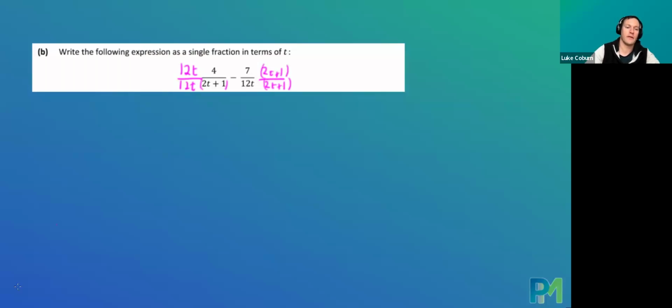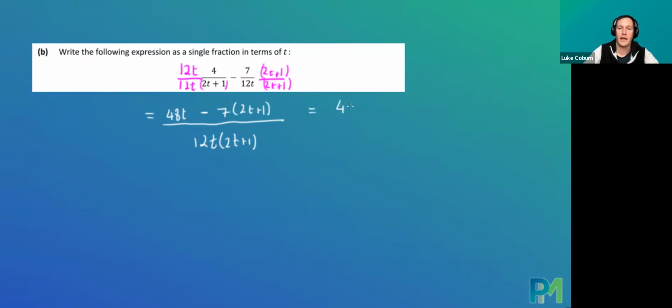So all I've done is modify the two fractions by multiplying the one on the left by this other denominator. Now I've got 48t on the top line, and we're just going to have one big line, 12t times 2t plus 1, and then minus 7 times 2t plus 1.